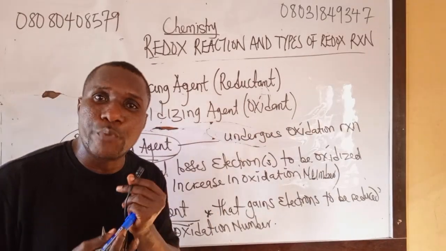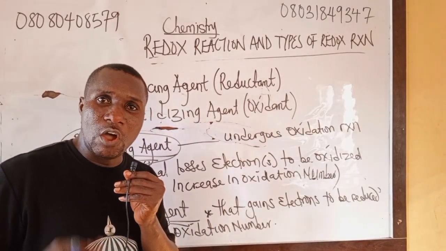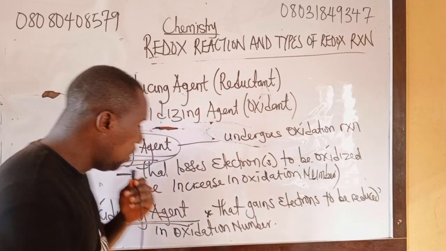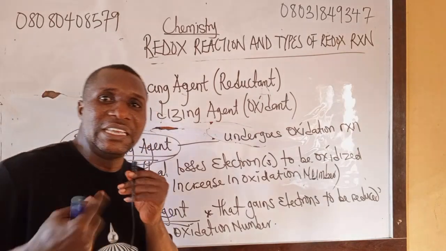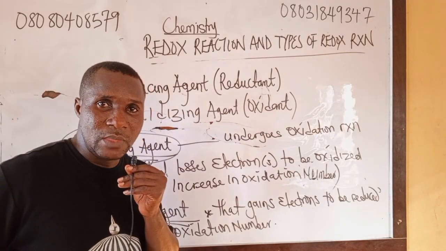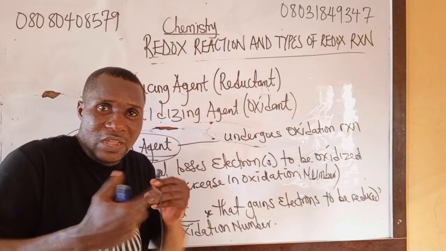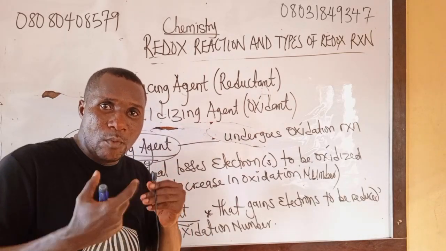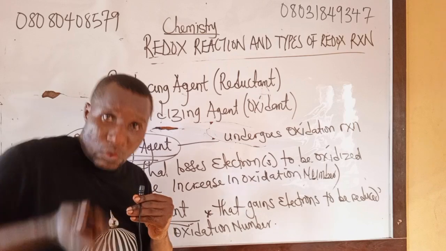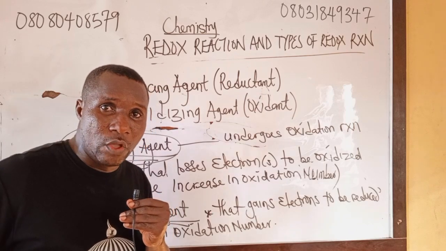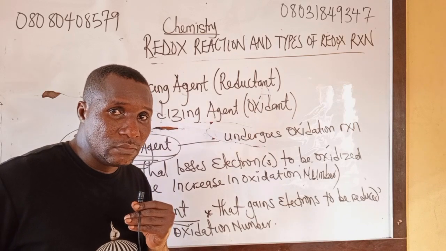Oxidation reaction is a process that occurs in a chemical reaction. Oxidizing agent is a substance. Oxidizing agent is a substance or species, an atom or molecule that gains electron to be reduced in oxidation number.